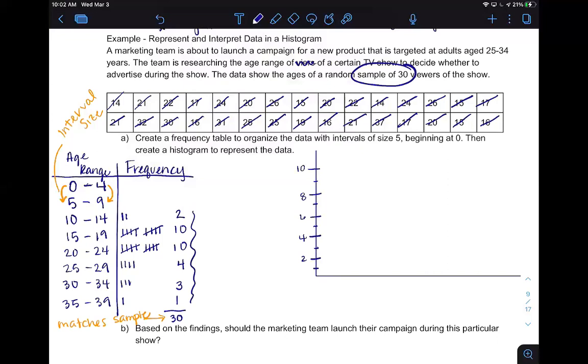And we're going to label this frequency. And then I'm going to put a 0 here on the bottom.